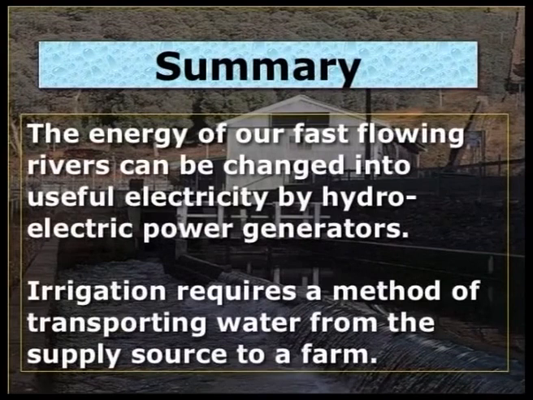Energy of our fast flowing rivers can be changed into useful electricity by hydroelectric power generation. Generators. And the last point, Naomi, please, loud and clear. Irrigation requires a method of transporting water from the supply source to a farm. To a farm.